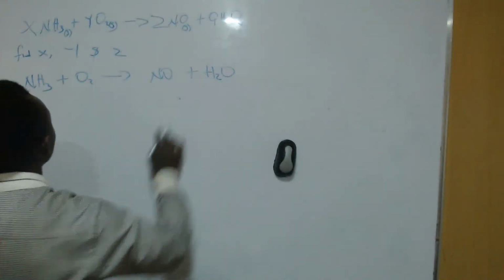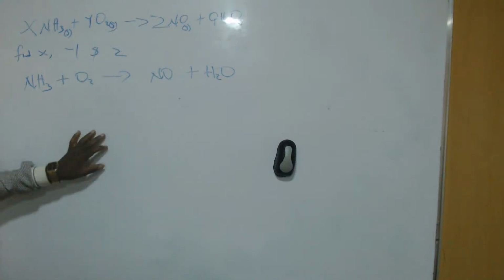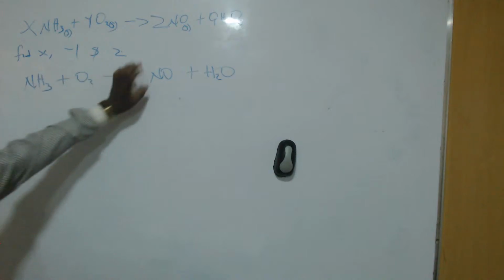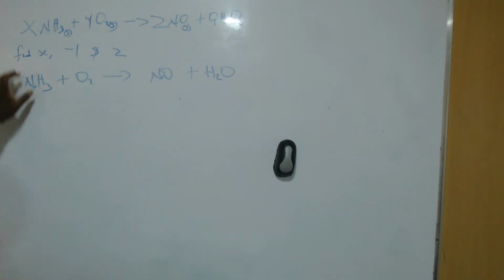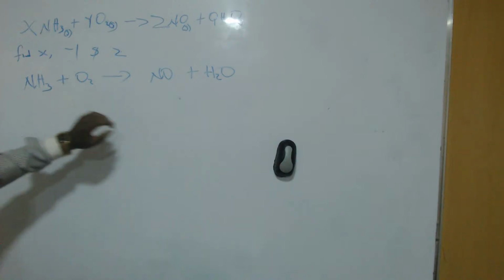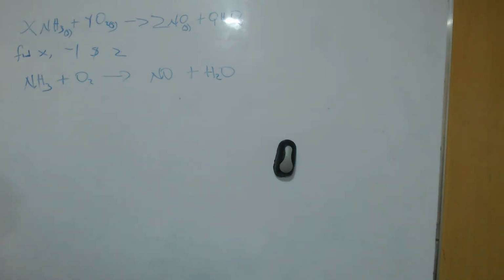Remember, you look at whether the elements at the right-hand side are the same as the elements at the left-hand side. Now look here, we have one atom of nitrogen, 3 moles of hydrogen, just 2 here. 2 moles of oxygen, 2 moles of oxygen. Now discover that your hydrogen is not complete.